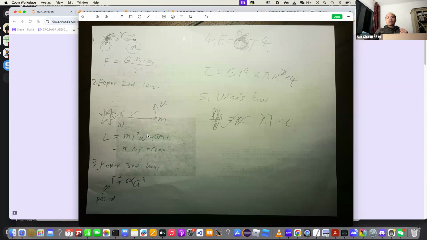So omega is you travel 360 degrees in 1 year, which is 365 days. So the angular velocity is approximately 1 degree per day, right? That is the angular velocity.